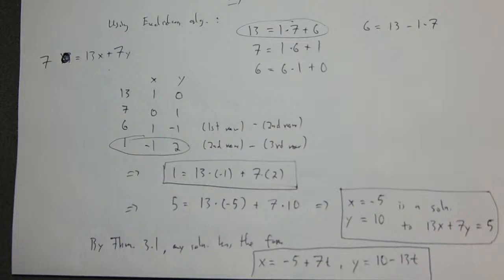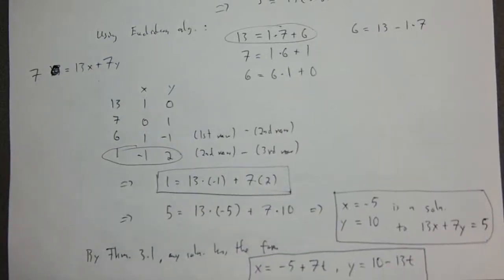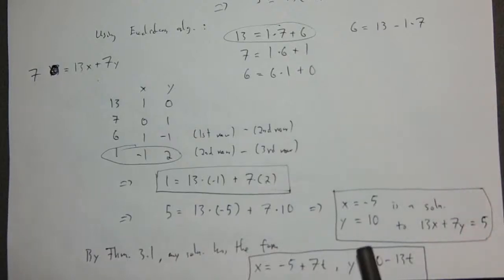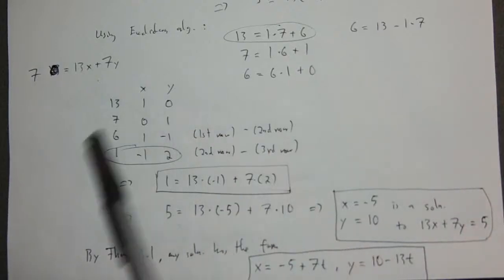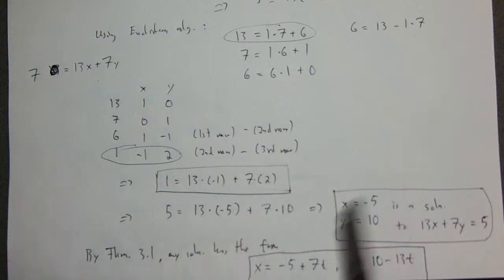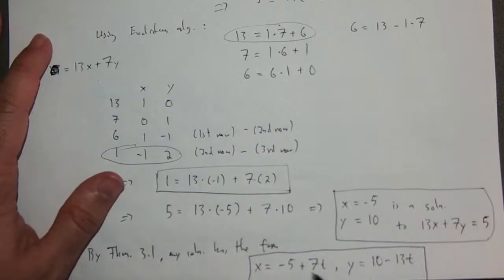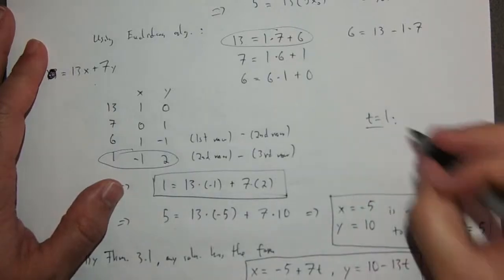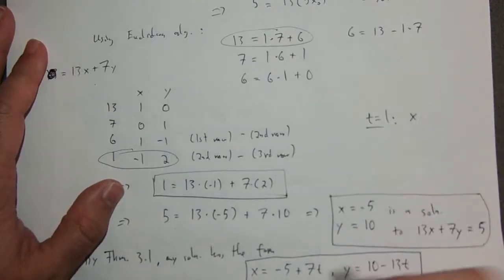Now there's a slight technicality here. So one thing is to note that yes, in this way I found that x equals minus 5 and y equals 10 are solutions. But judging here, just setting t equal to 1, for instance, if you set t equal to 1 here, then I get solutions that work equally well.